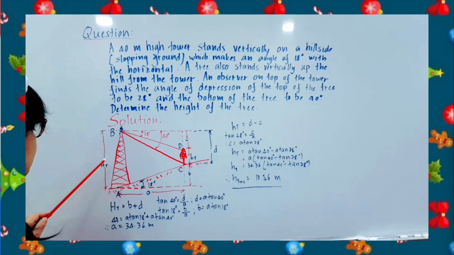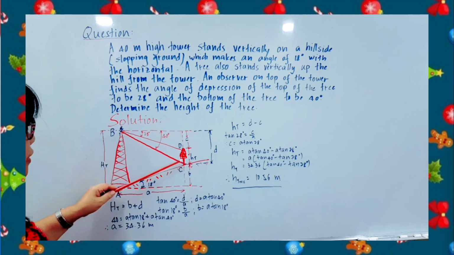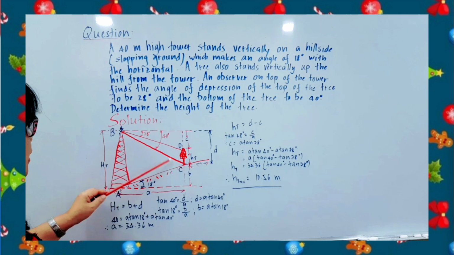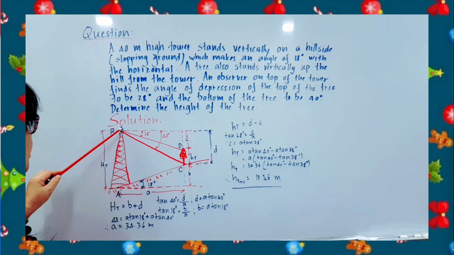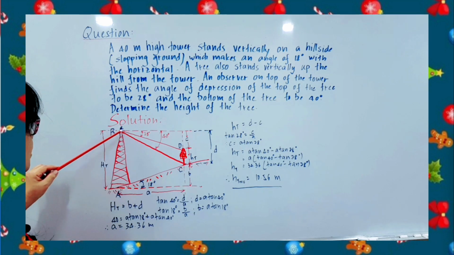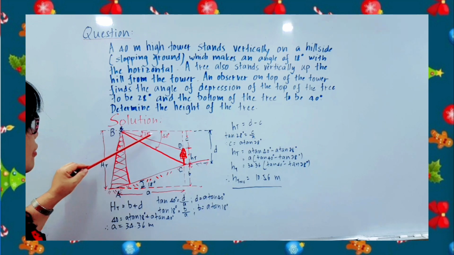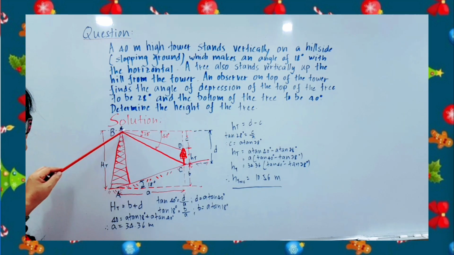We designate the height of the tower as HT. And then, a tree stands vertically also up the hill. So, here is the tree. Then, there is a man standing on top of the tower, and he's observing from the top of the tower to the top of the tree. The angle of depression is equal to 28 degrees.